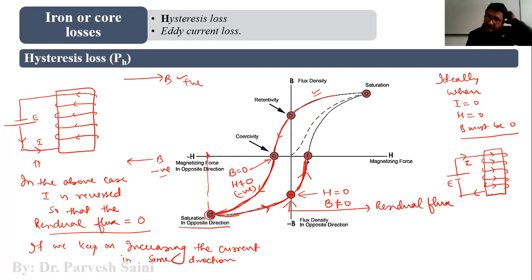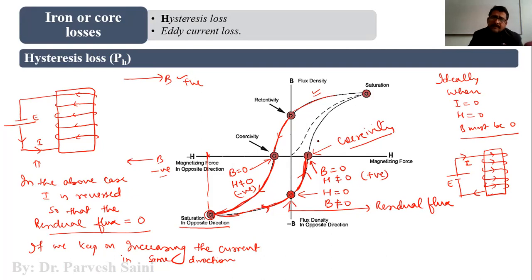So what will happen? At this point, you can see B is 0, but H is not equal to 0. Rather, it is positive. So this is also the coercivity or coercive force. So this is something positive, this is the negative, right?